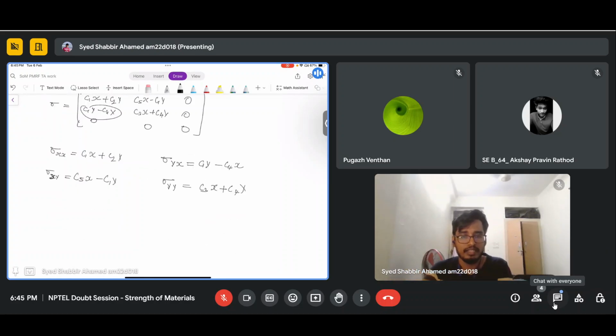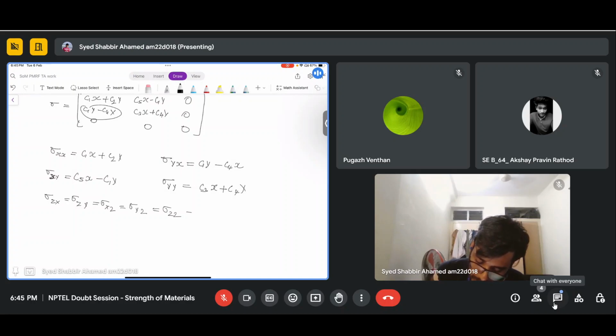All the other components, sigma zx, sigma zy, sigma xz, sigma yz and sigma zz, are 0.